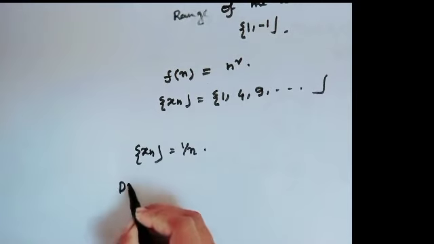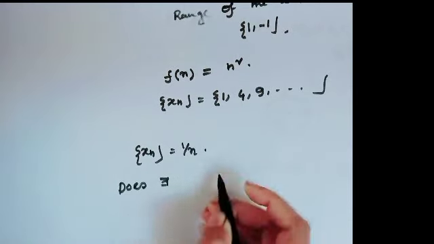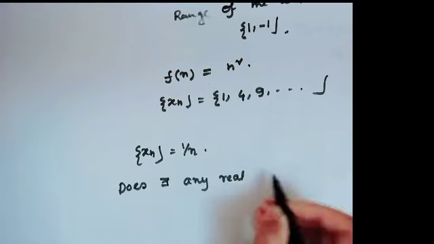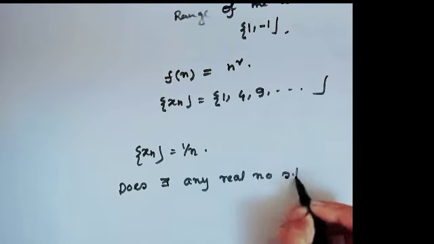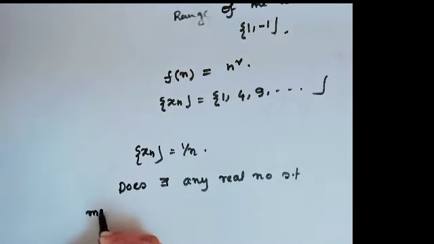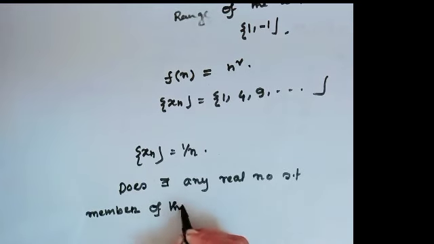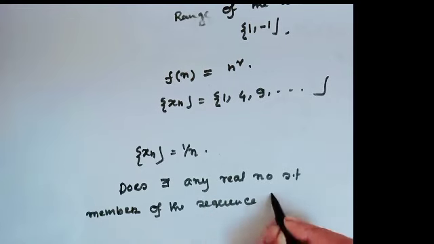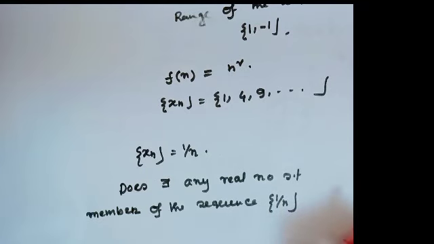Thus, there exists a real number such that the members of the sequence, 1 over n, are getting close to a real number as n increases.